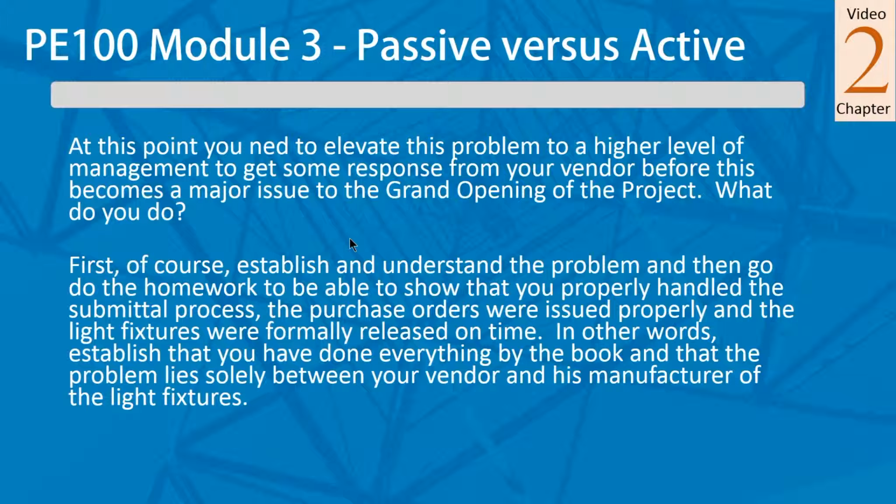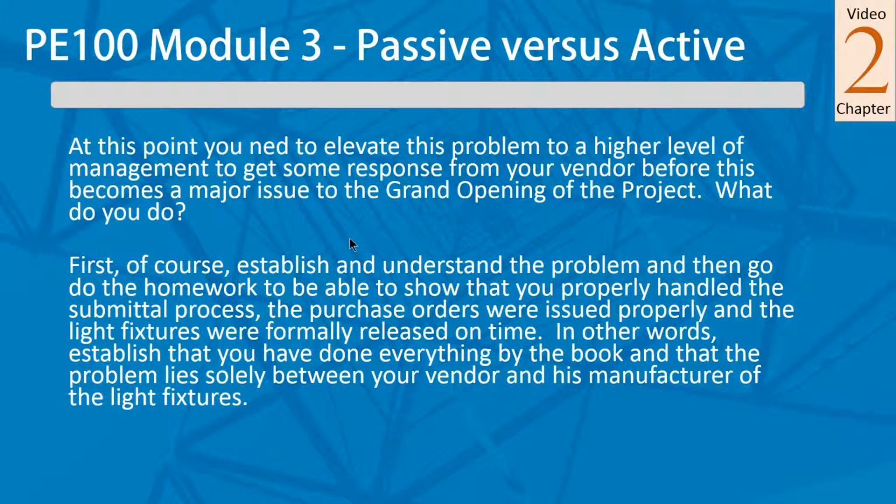And what we're really having to do is establish that we, as our company, have done everything by the book, and that the problem lies solely between your vendor and his manufacturer. And it's really the manufacturer that's the problem. It's not the vendor.